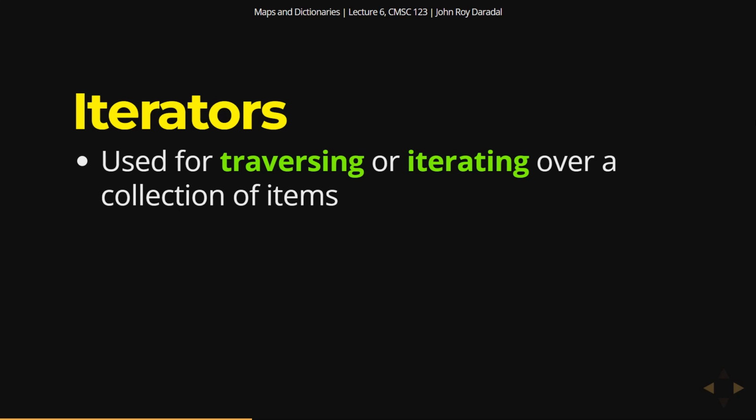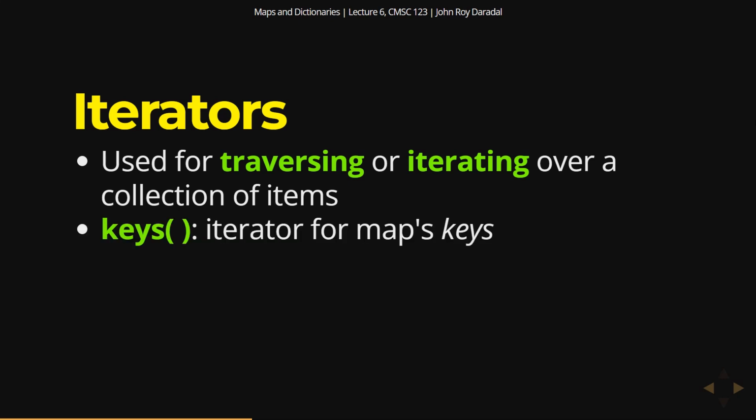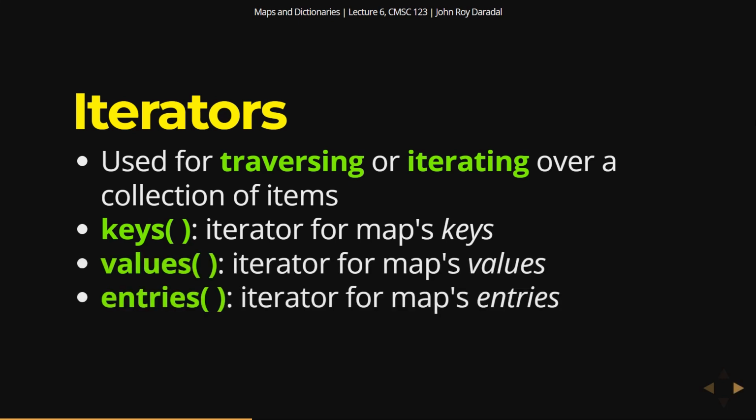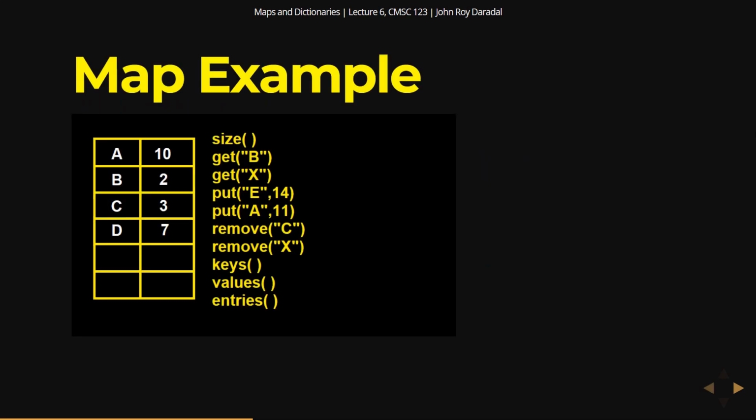So the 3 iterators are keys, which you use to iterate over the map's keys, values for the values, and entries for the entries. Okay, so we'll see this in an example later. But basically, you go through either the map's keys, values, or entries, depending on which function you called. Okay, so those are the methods for the map ADT.